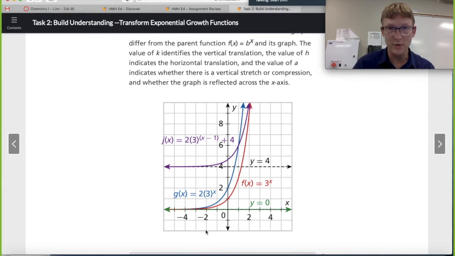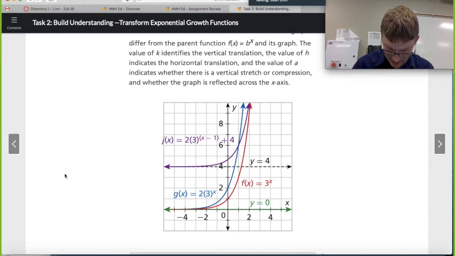So if we want to transform it up, we look at this guy, we just have a plus 4 on it. So that moved our asymptote up 4 units. And then if we want to move it to the left or right, that's this part right there.